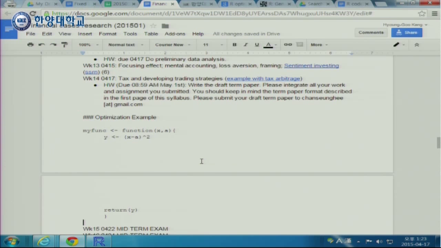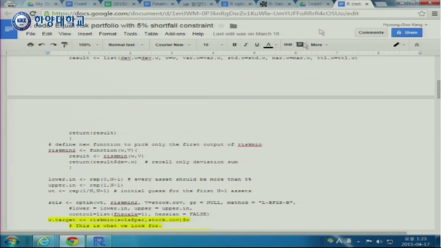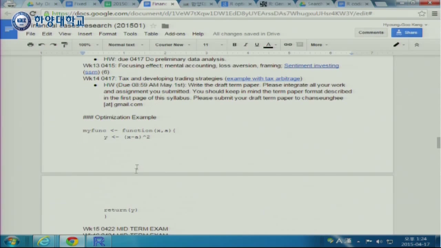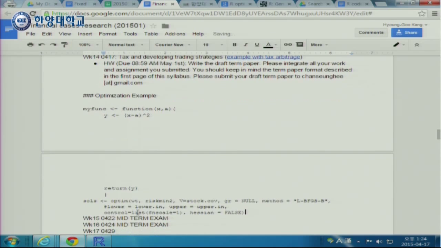Well, we can do it with a simple optimization. Let me copy and paste. I think this is an easy one.